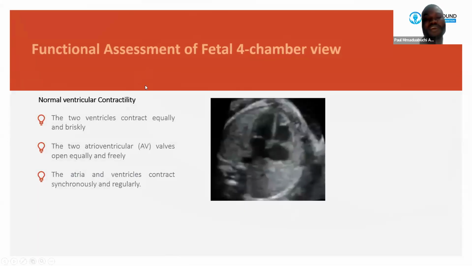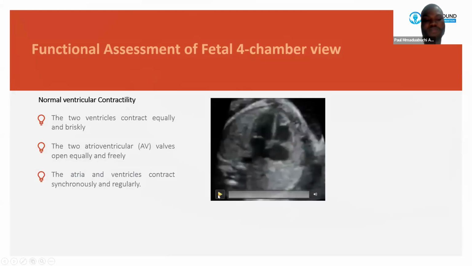In the functional assessment of the fetal four chamber view, you will be looking at the contractility of the two ventricles, how they are contracting. You also look at the atria, how they are contracting. And you should be able to look at the valves, the mitral valve and the tricuspid valve, how they are opening, if they are opening equally and freely.